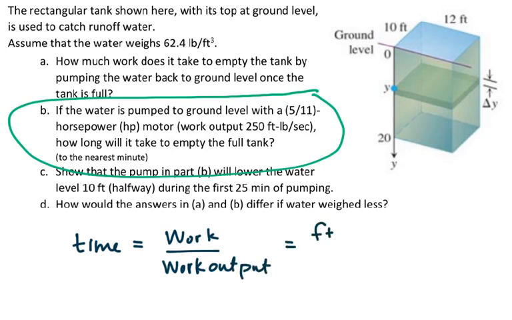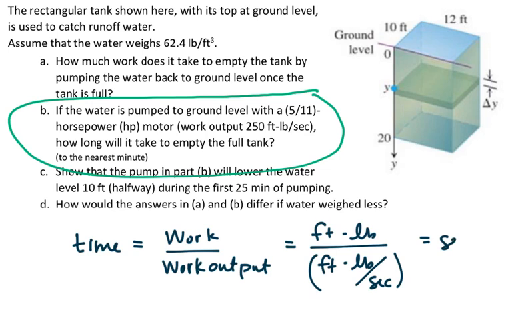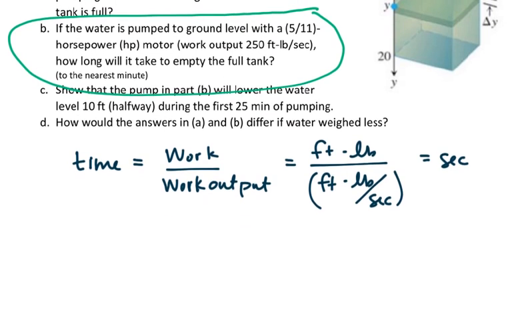So that is foot-pounds divided by foot-pounds per second, and that's going to give me the time in seconds. We want to answer, you notice here, to the nearest minute.